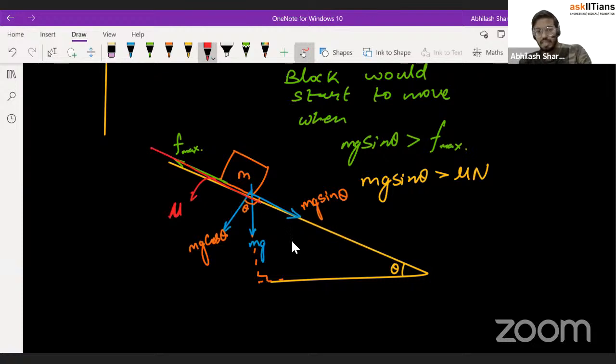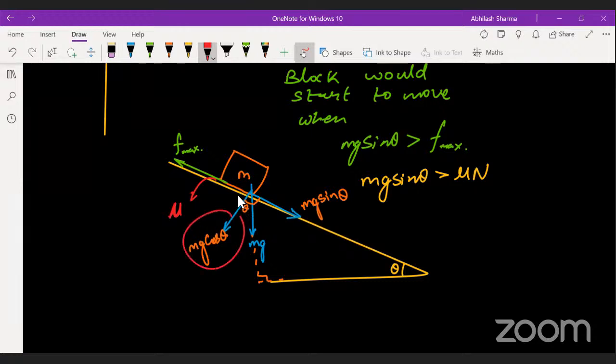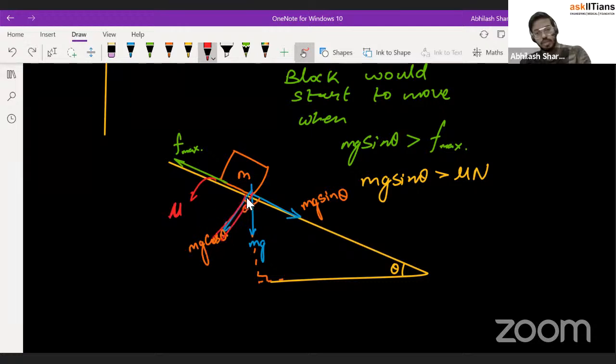So on this inclined plane, how much force is this block applying? mg cos theta. It is pushing the incline with this force. Are you guys understanding? We always see in a direction normal to the surface, perpendicular to the surface. So perpendicular to the surface is this only.